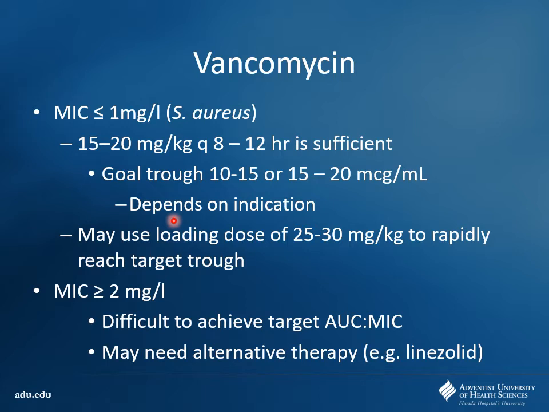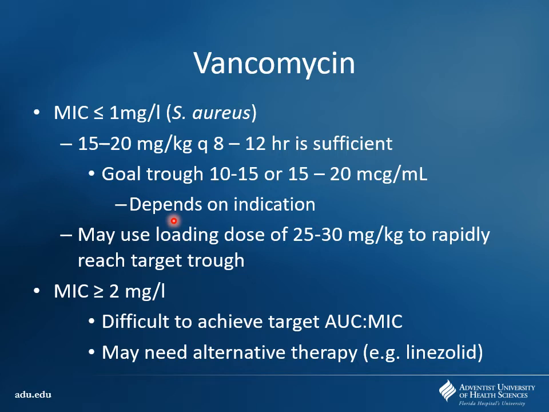Now again, the goal trough may depend on the kind of infection that you're dealing with, because we're only using the blood level as a surrogate for the concentration in other tissues, right? With such a large molecule like vancomycin, it's hard to penetrate some of those tissues. For instance, lungs can be very difficult to penetrate.